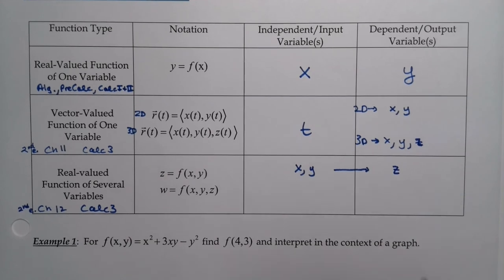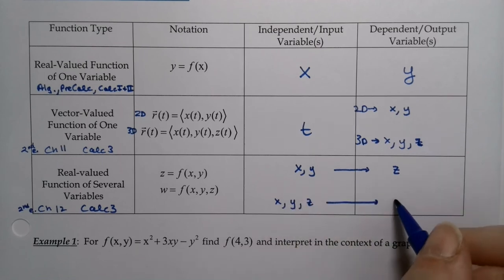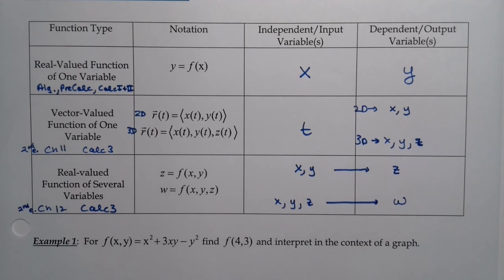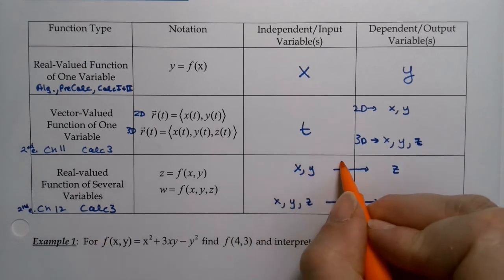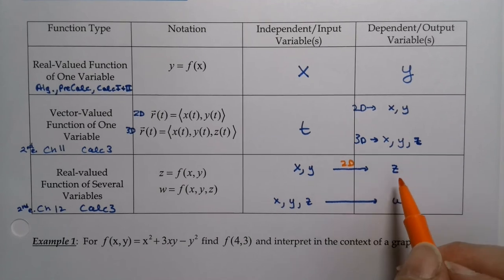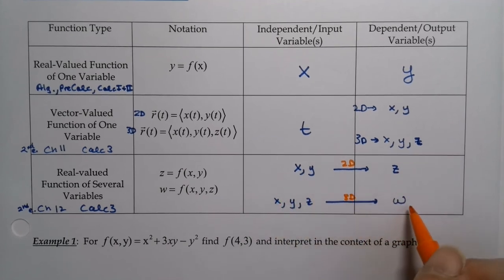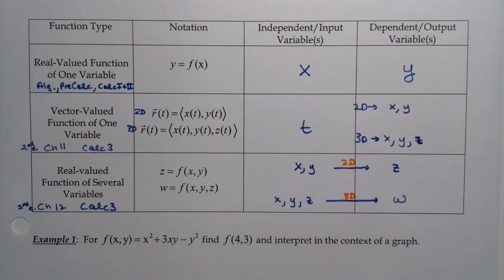Or we can take x, y, and z and get a new function, usually called w. So this is two-dimensional: you're taking a two-dimensional point and getting out a third component, a z value. Or you're taking a three-dimensional point and getting out a fourth component. Fascinating. And we will see how all this works throughout this unit.